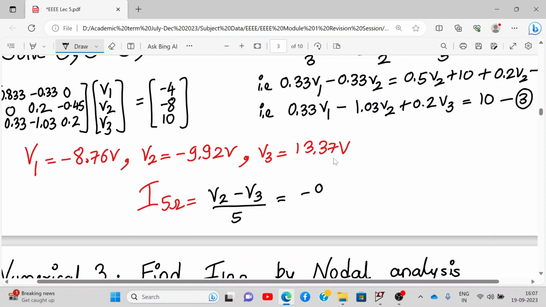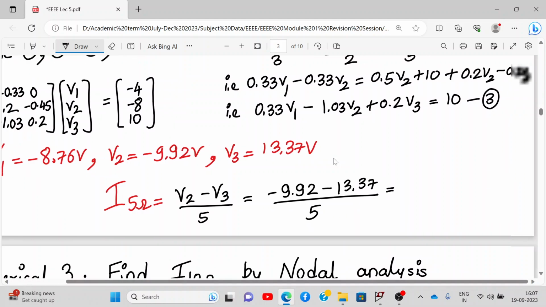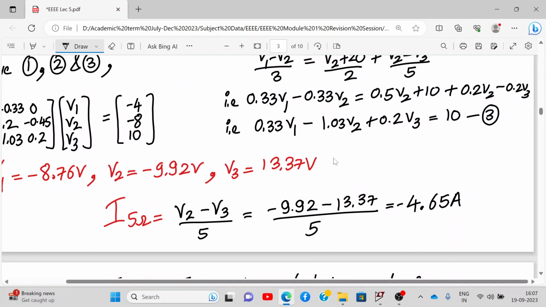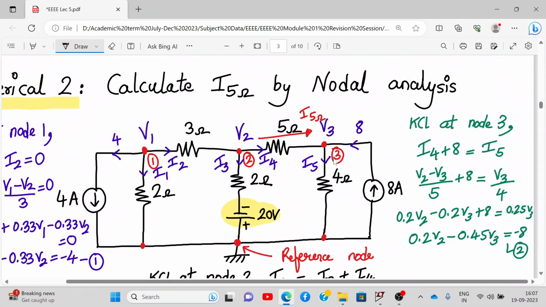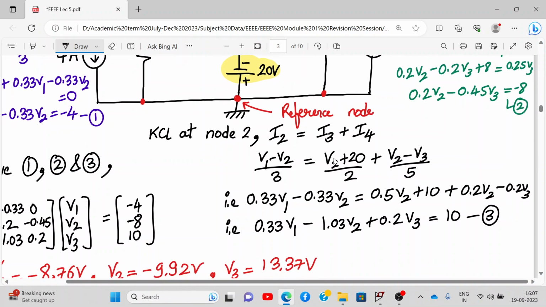That will be minus 9.92 minus 13.37, divided by 5. So what do we get? We got 4.65 amperes, so it will be minus 4.65 amperes, and the current direction will be like this.